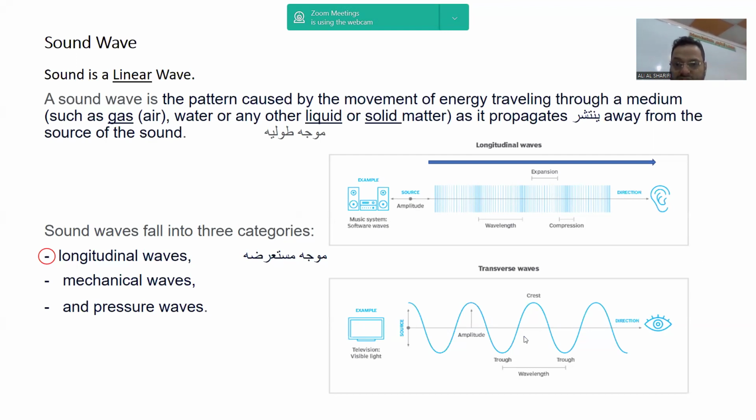Okay, this picture illustrates to us the difference between sound waves and visible light waves. It's very clear here. Sound moves from the source to your ear by longitudinal waves. Longitudinal waves, that means like that.